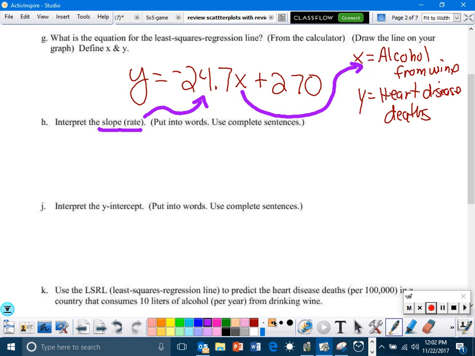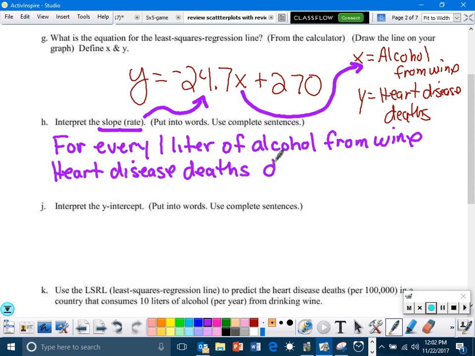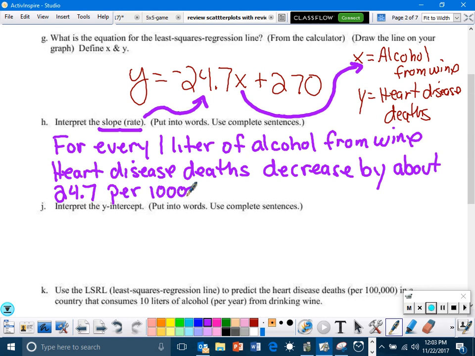So here we go. We say, for every 1 liter of alcohol from wine, heart disease deaths decrease by about 24.7 per 100,000 people.